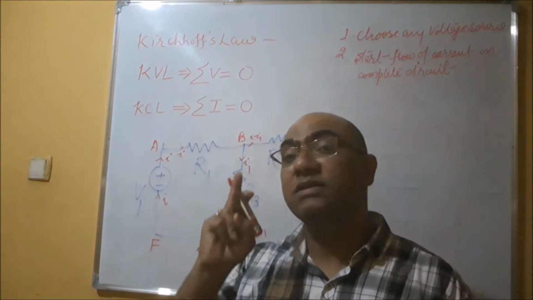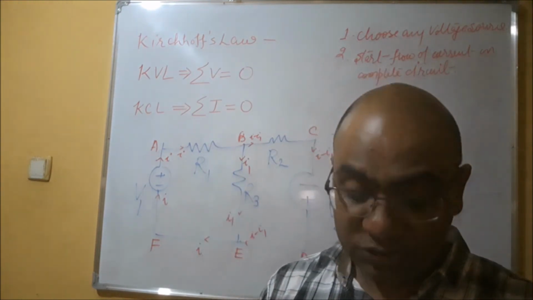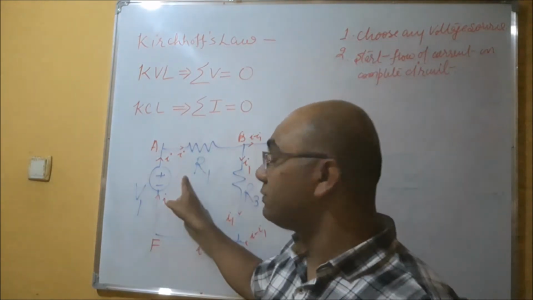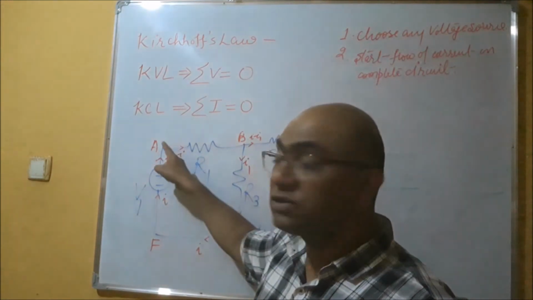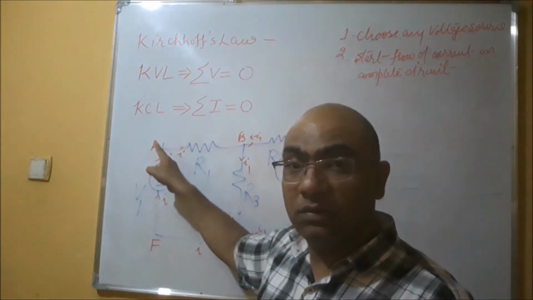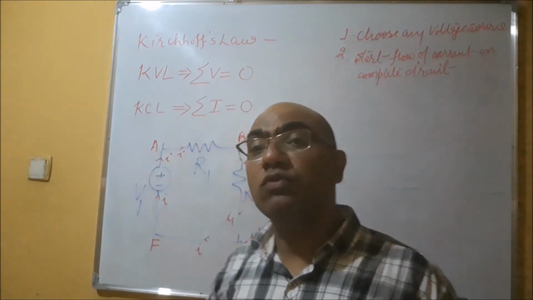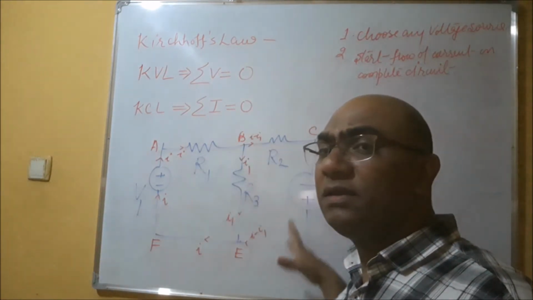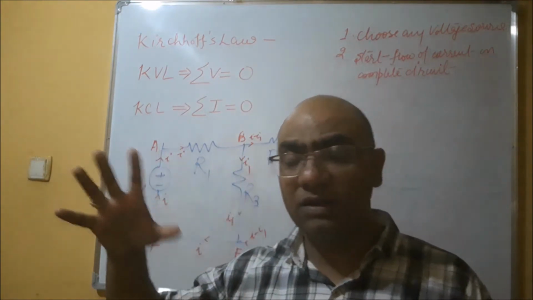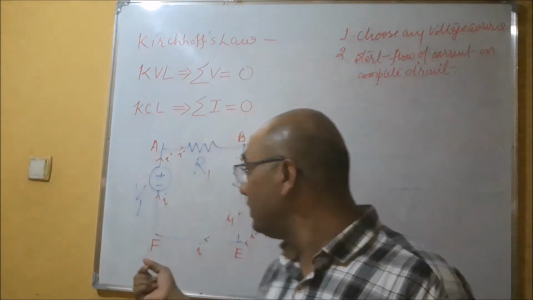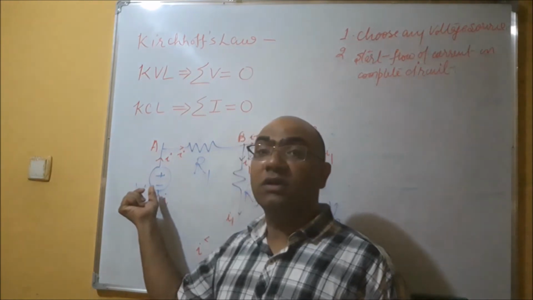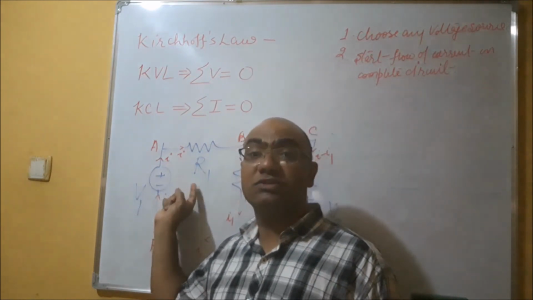Are you getting what I am assuming? I am assuming that from the voltage source V1, the current I was going out. What current was this voltage source giving? I. So when you complete the assumption, the flow of the current in the whole circuit, finally the same current should come at this voltage source.